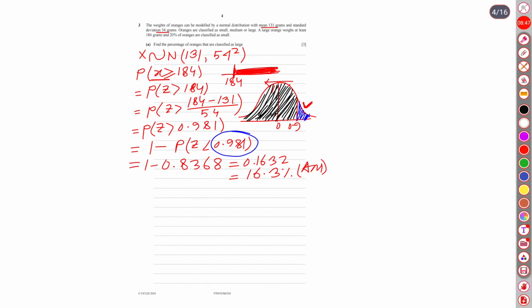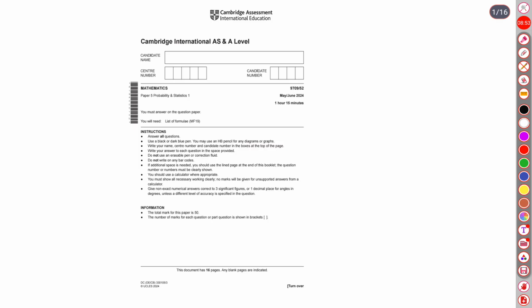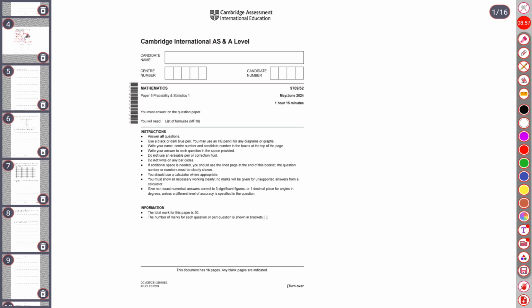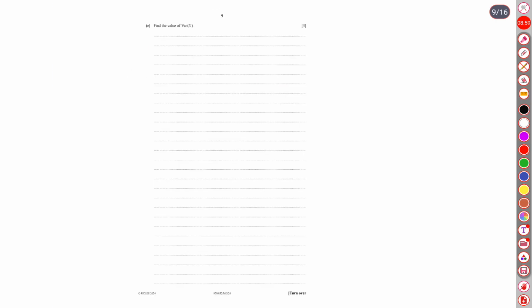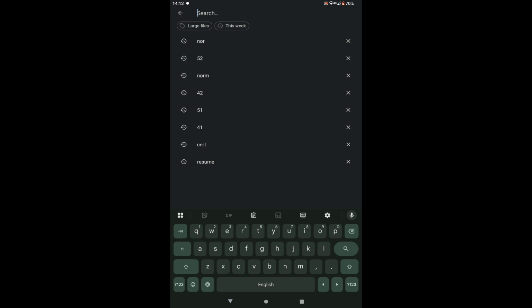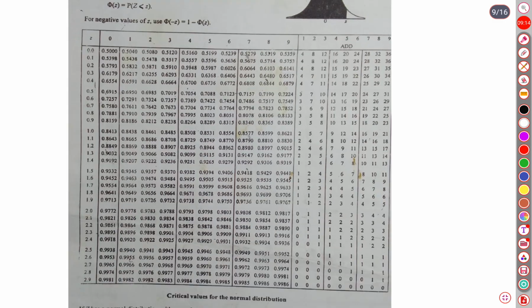Not over here, on the other page. Suppose this is a blank page. Over here we will attach the normal distribution graph. Yes, this one. So what was our z-score?